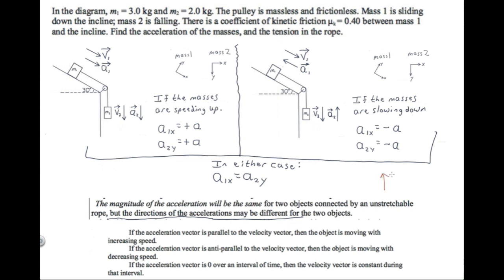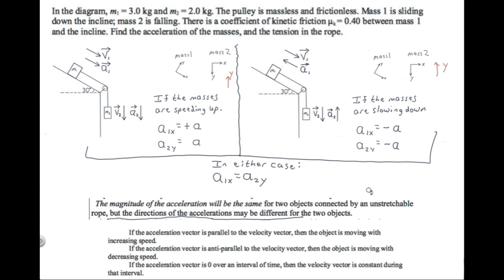If we had chosen up as the positive direction for object 2, then this component would be negative and this component would be positive, and then the analysis would be a little bit more complicated, and then we would have to say that a1x is equal to negative a2y. Well, that's more complicated because that introduces an extra negative sign. So as usual, we're seeing that we make our life easier on this type of problem by choosing the direction of motion as the positive direction.